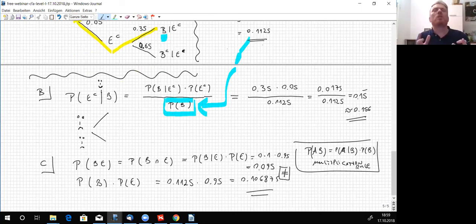They need to be unequal because we have to get the right answer, which is a wrong answer, right? Which means that B and E are dependent. B and E are said to be dependent. They are not independent, which means the one thing influences the other one.